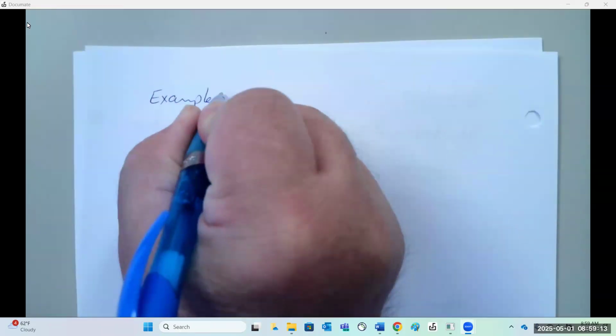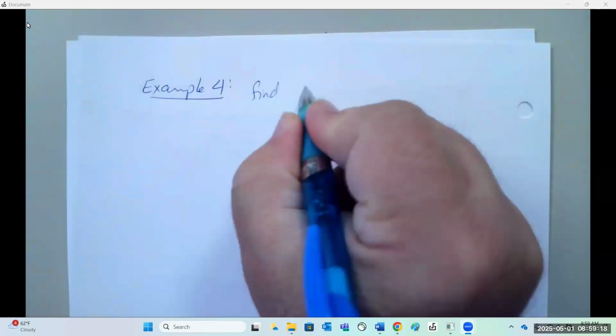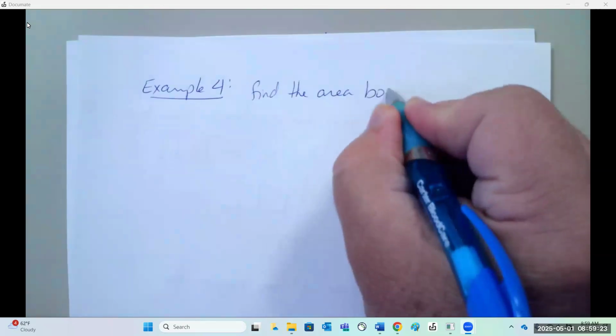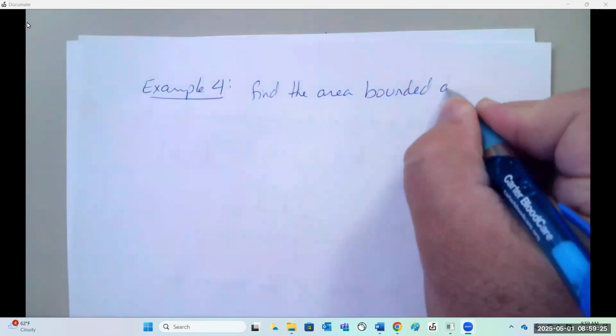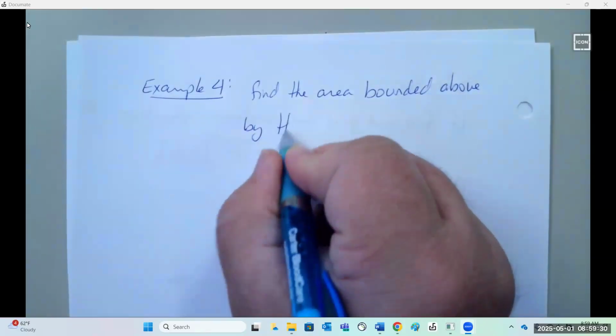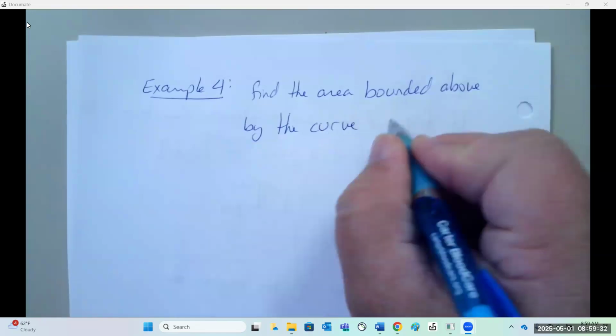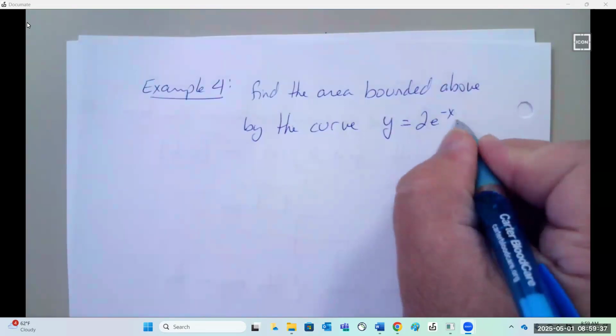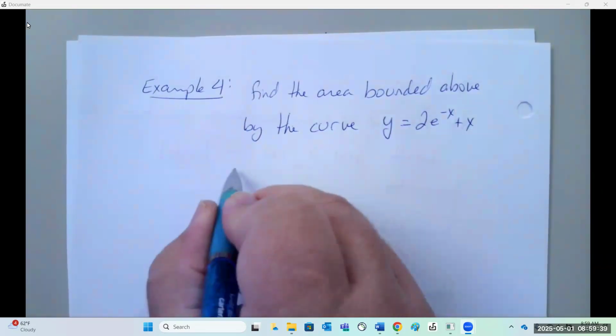All right, so let's look at an example here. Find the area bounded above by the curve y equals 2e to the power negative x plus x.